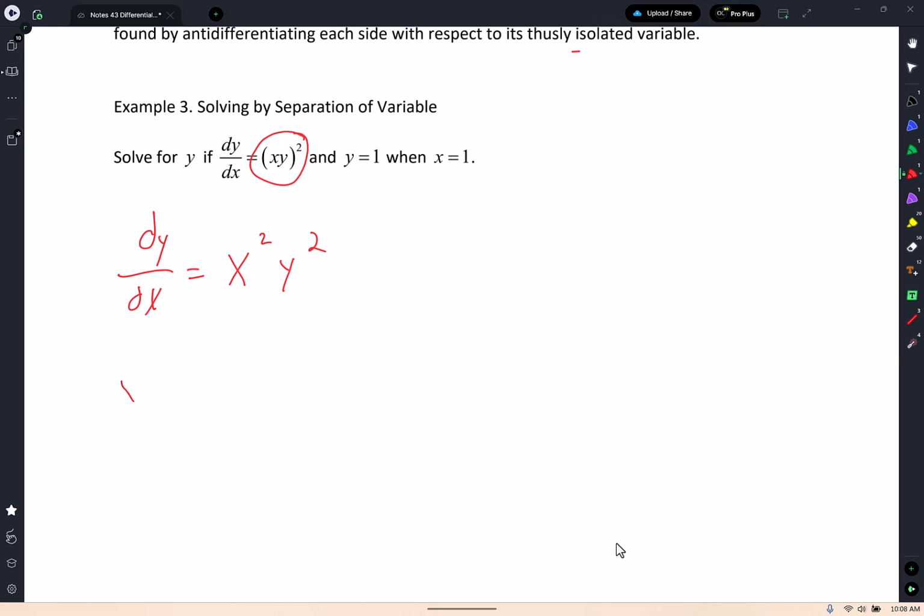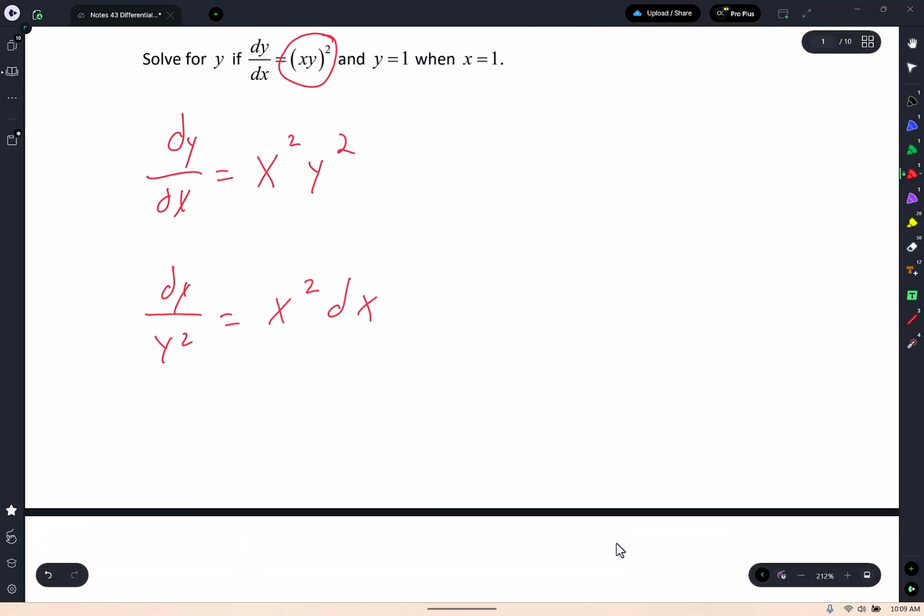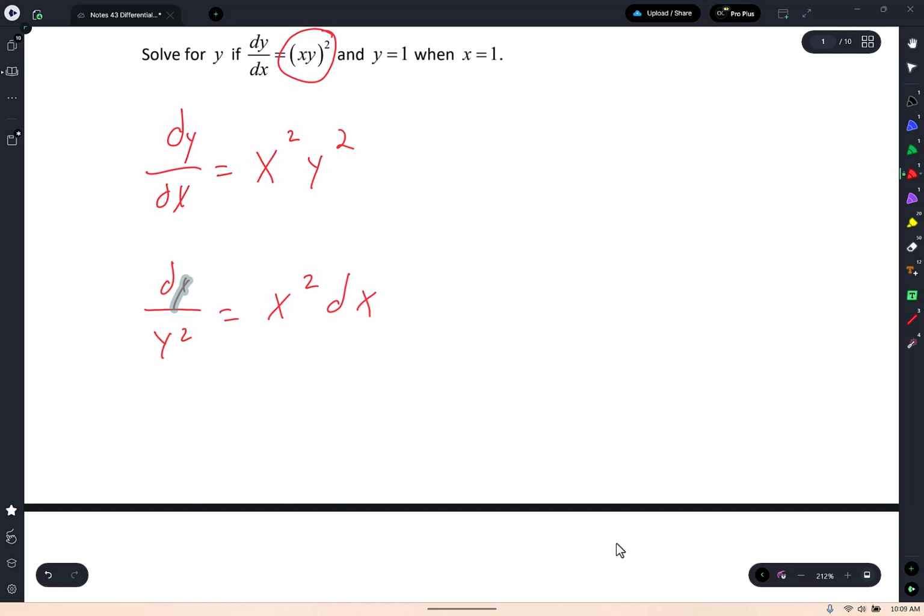So I'll write it like this: dy over y squared equals x squared dx. Do you guys see what we did? All right, now that we have it like this, I'm going to go ahead and move this up to make it easier to take an antiderivative.